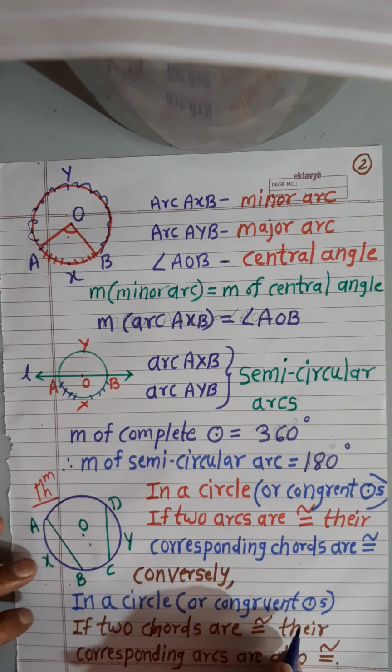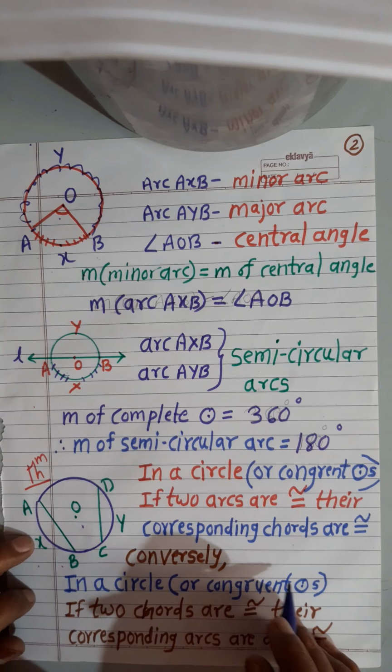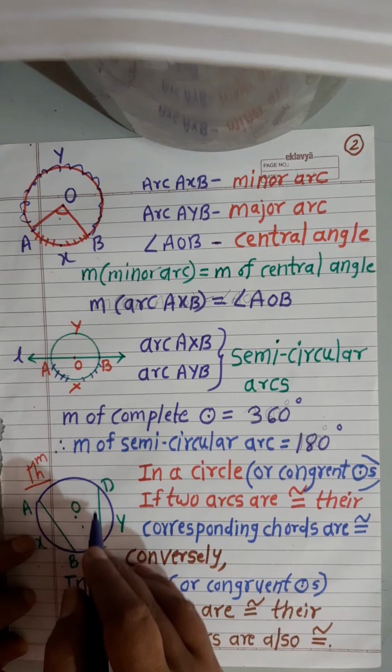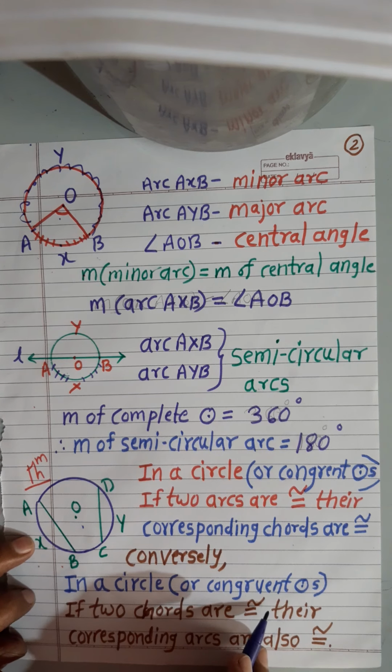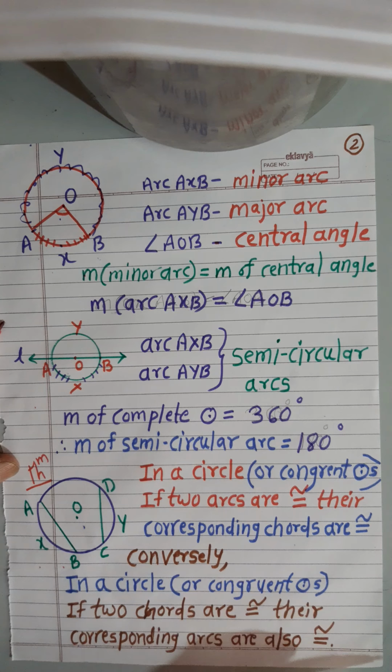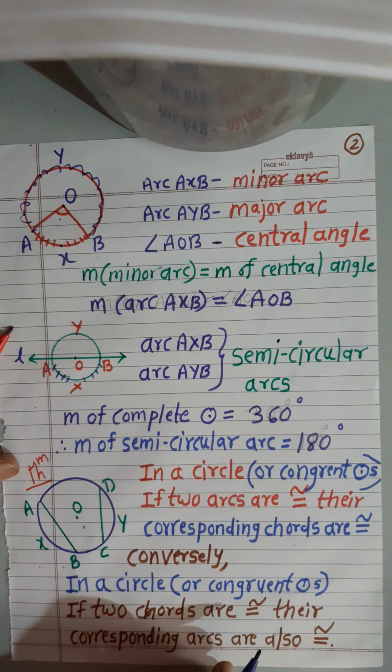Now see the third figure. Here O is the center of the circle and AB and CD are two chords of the circle. Now this theorem we will use in solving problems, and also its converse. What is the theorem?